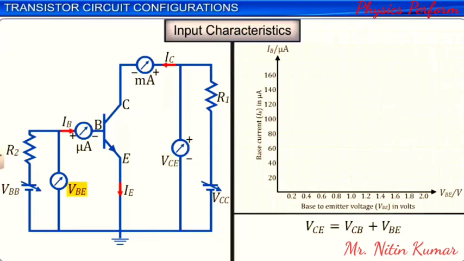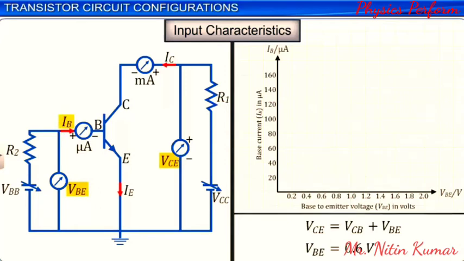An increase in the collector emitter voltage, VCE, appears with an increase in the collector base voltage, VCB, keeping the base emitter voltage, VBE, constant. Thus, the effect on the base current, IB, is negligible. Hence, the different constant values of the collector emitter voltages, VCE, give almost identical curves for the input characteristics.